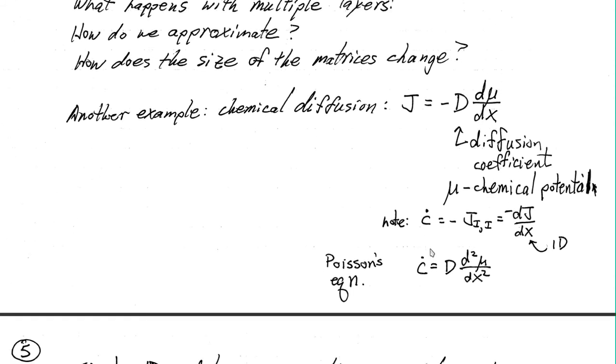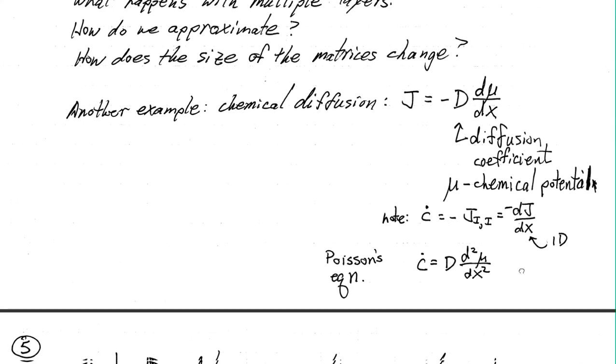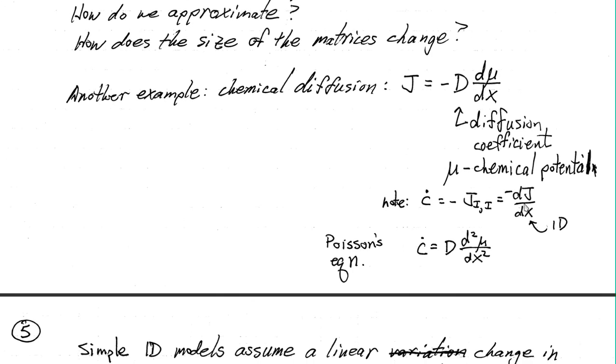So the governing equation for time-dependent problems is a rate of change of concentration. So this is a time rate of change of concentration is equal to the divergence of the flux. So in 1D, that's just the negative of my flux in 1D, dJ/dx. And this gives Poisson's equations.